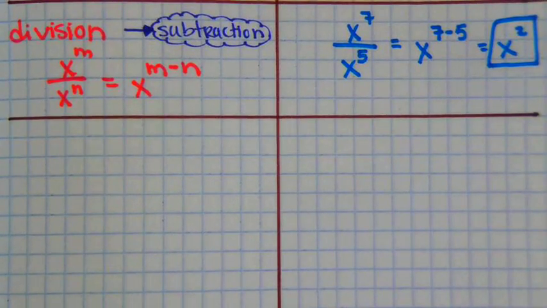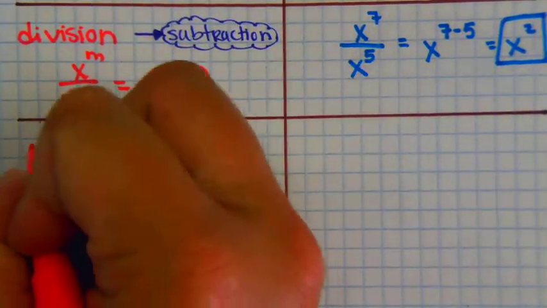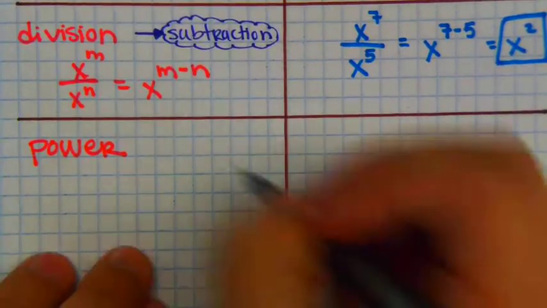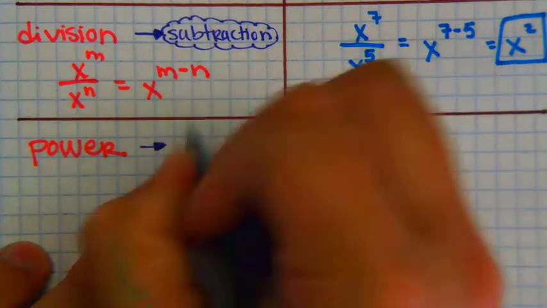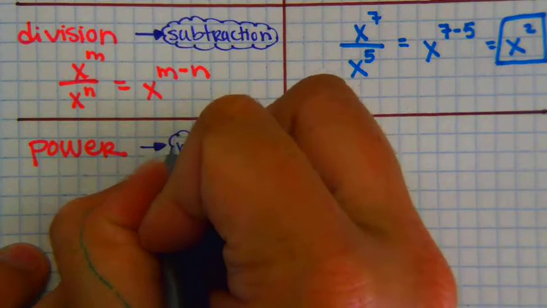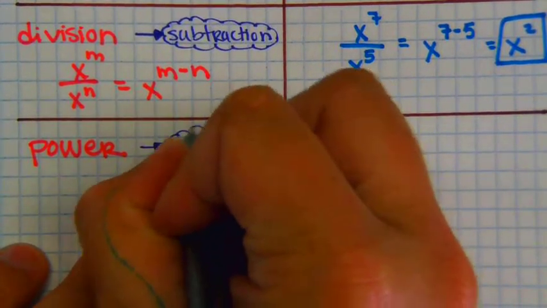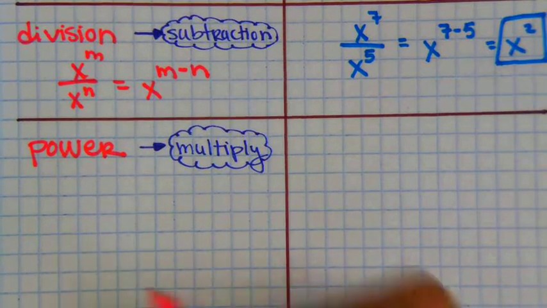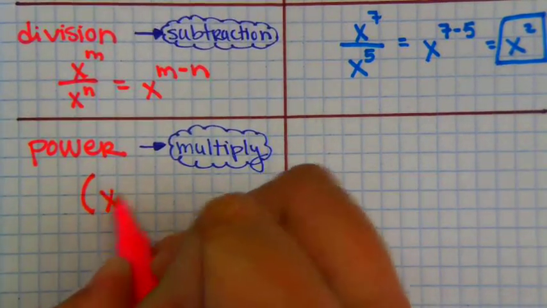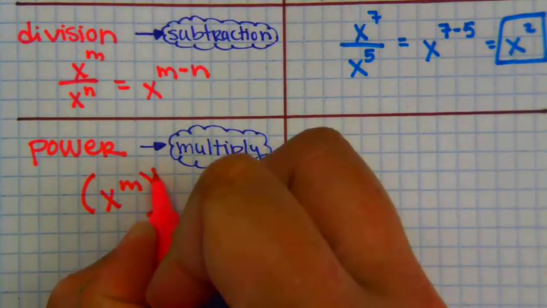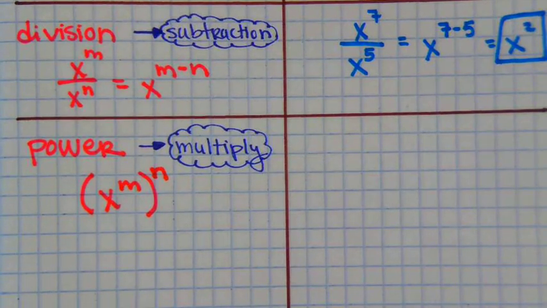Okay. The next rule is for power. And when you raise something to a power, you are going to multiply. So what that would look like would be x to the m raised to the n. That's the power rule.